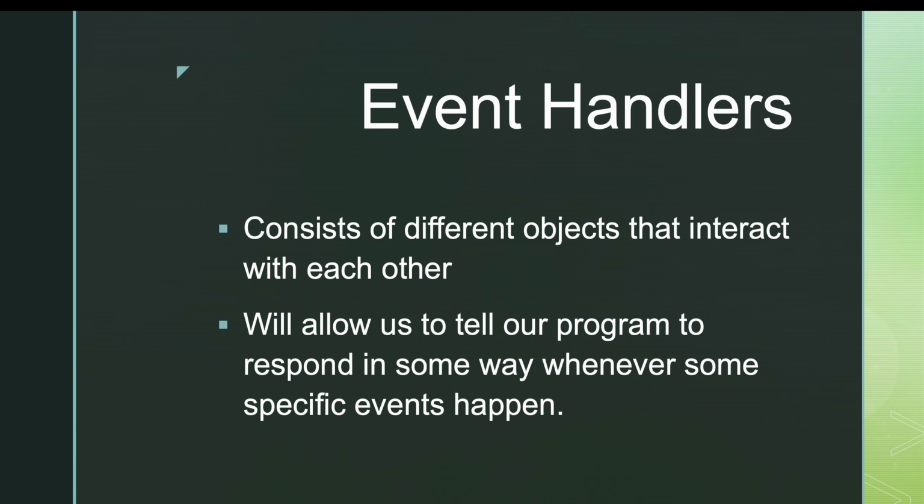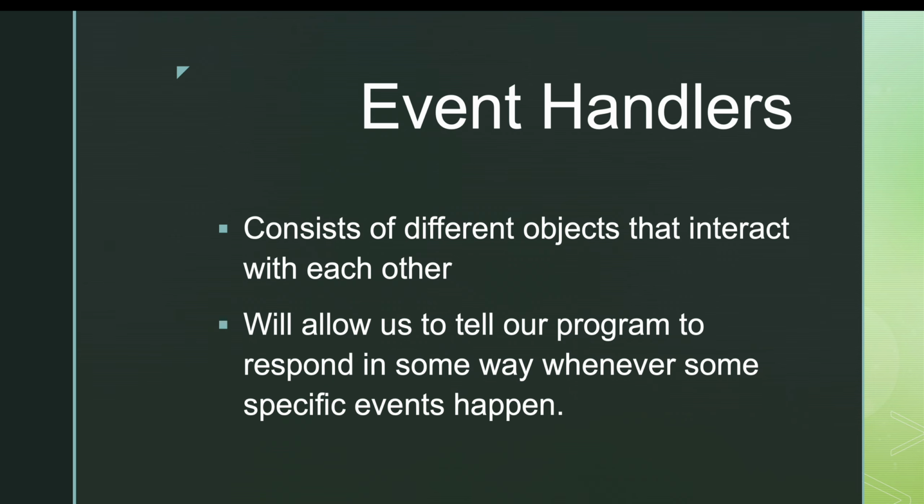Event handlers also allow us to tell our program to respond in a certain way whenever specific events happen. So in simple terms, the use of event handlers will provide our program with the correct interaction between the user and the program. That is what the end user will see whenever they use our program.